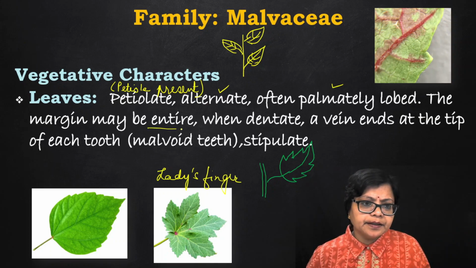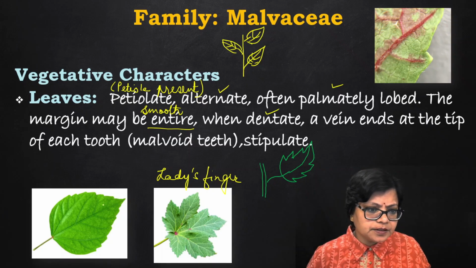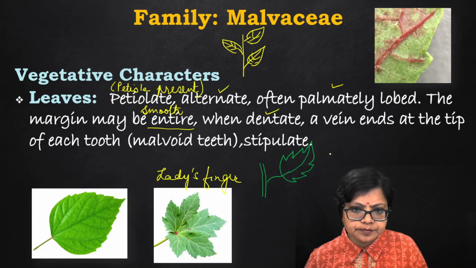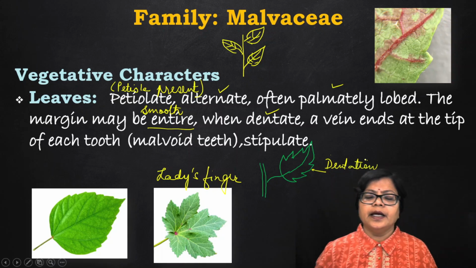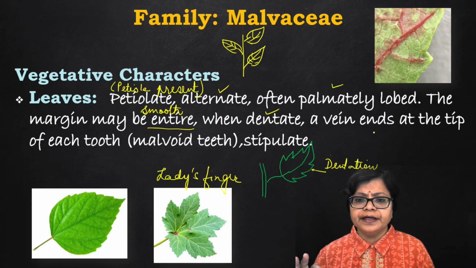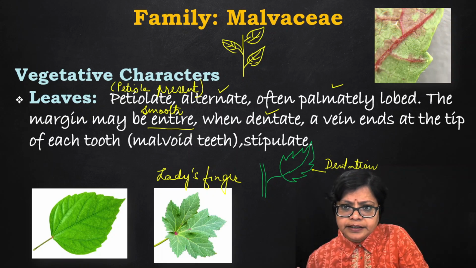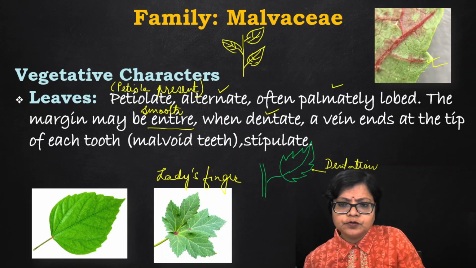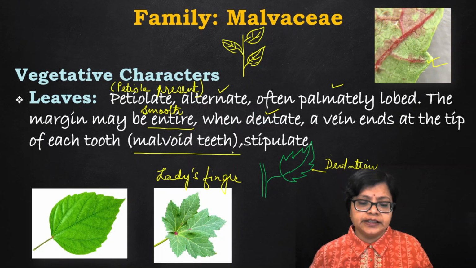Margin may be entire. Entire means smooth, or it may be dented. This structure is called dentation. This part is called dentation. Margin may be dented, and if dented, then vein ends at the tip of each dentation, which is known as malvoid teeth.